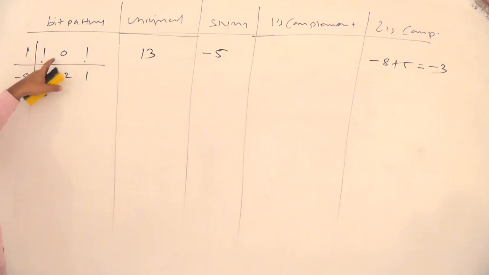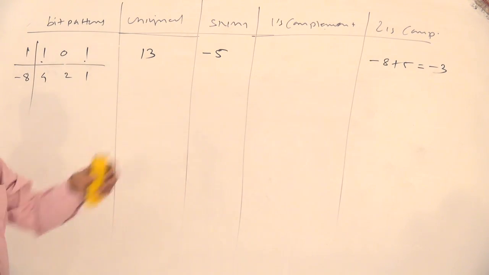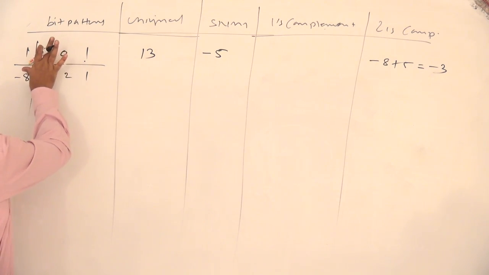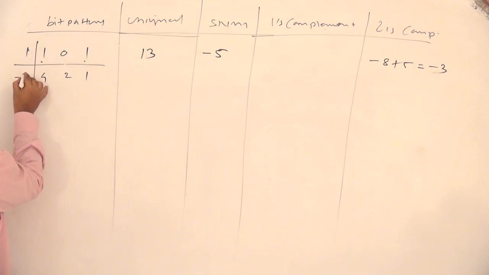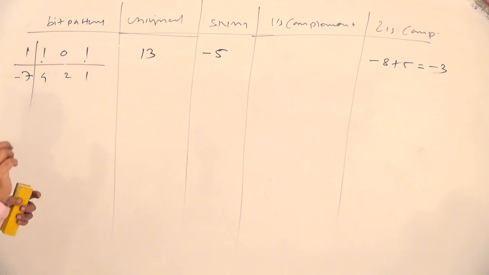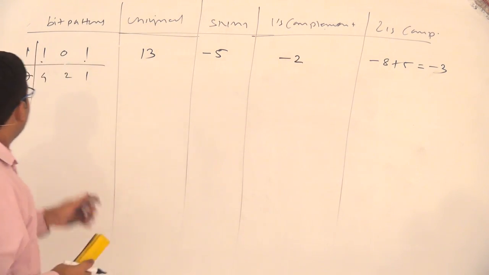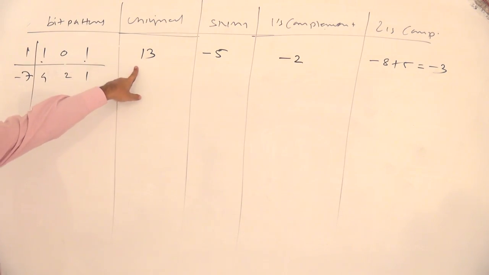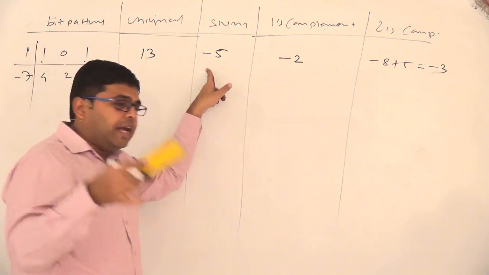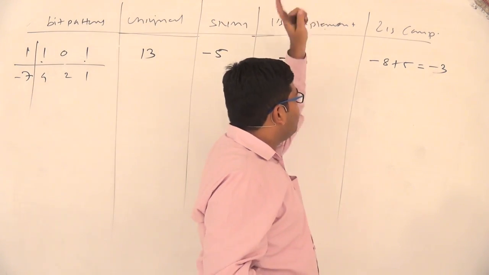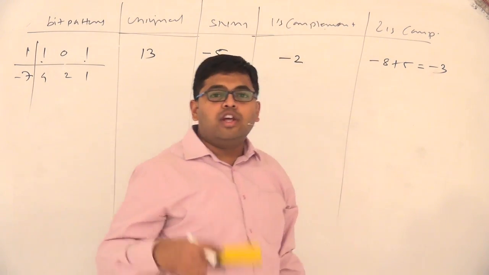So 1 1 0 1 in 2's complement means minus 3. And if you want the same thing in 1's complement, then you take the value as minus 7, and minus 7 plus 5 equals minus 2. So 1 1 0 1 means 13 in unsigned, minus 5 in sign and magnitude, minus 2 in 1's complement and minus 3 in 2's complement.